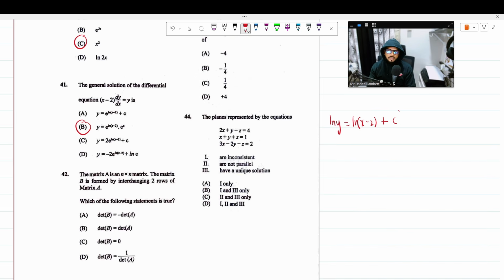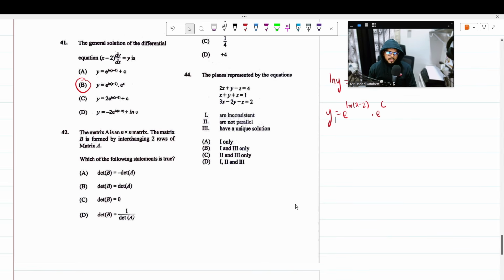And for this answer, they didn't want us to change c to be ln c. So we would get y equals e to the power of ln x minus 2 plus c. And then we separate the plus c as multiplied by e to the power c to give me y.